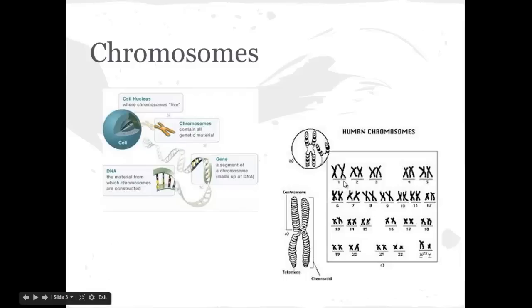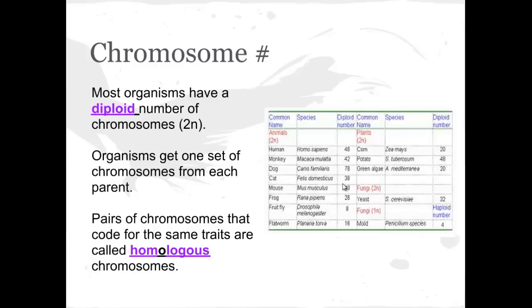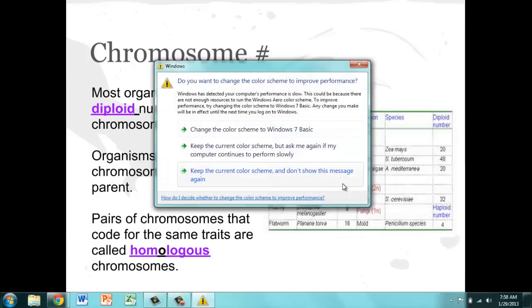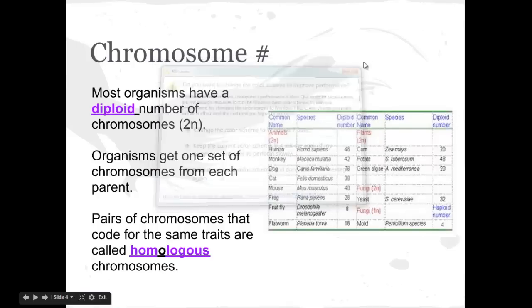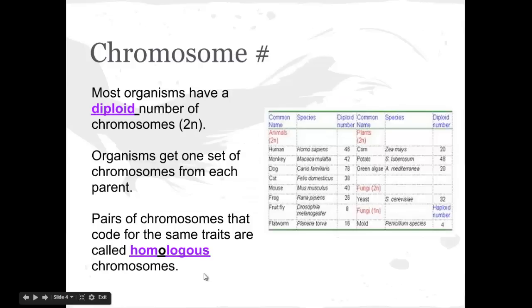Now, chromosome 1, if we have 2 chromosome number 1s, those chromosomes are homologous, meaning they code for the same trait. So if chromosome number 1 has a gene for eye color and hair color and height, and I'm just saying that theoretically, then we have one set of chromosomes from our mom with a gene for eye color, hair color, height, and then we get one set of chromosomes from our dad with the genes for eye color, hair color, and height.